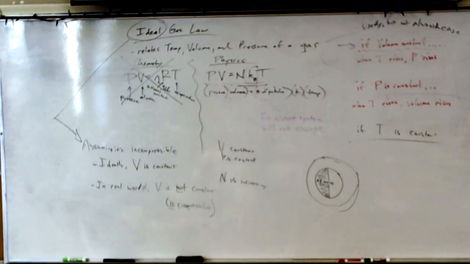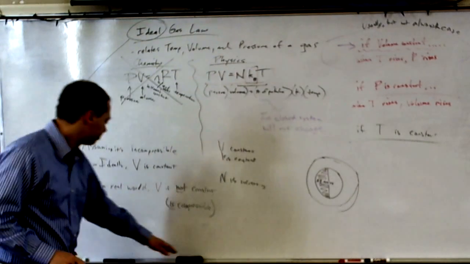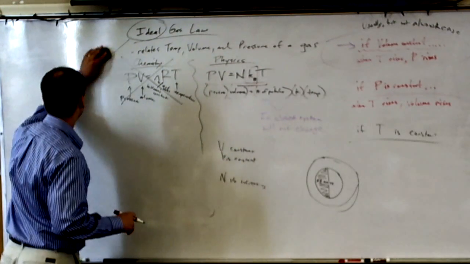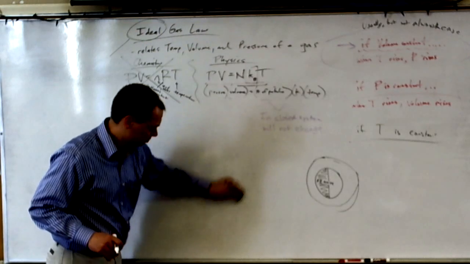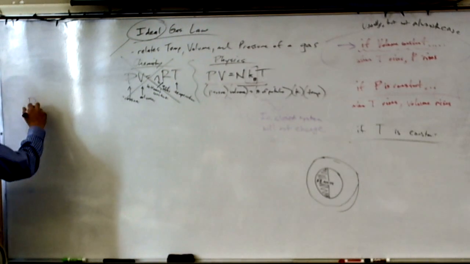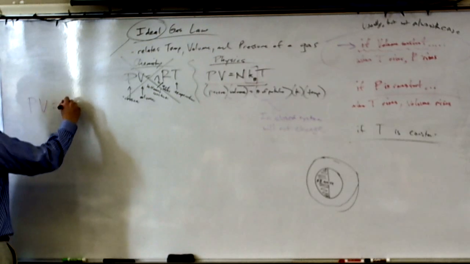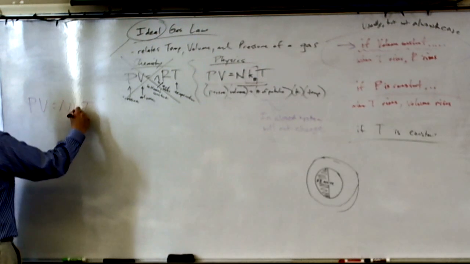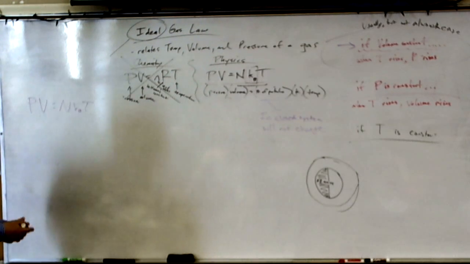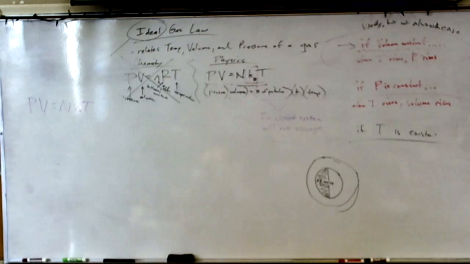Alright, so this sample problem. All we're doing is plugging stuff in here. What we want to do is create a proportion. What are the three things that are capable of changing in a closed system where no gas particles are being added?